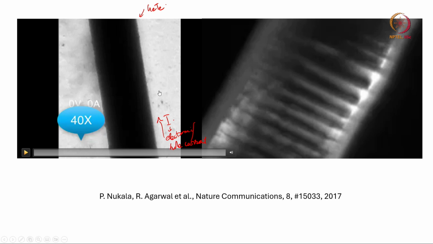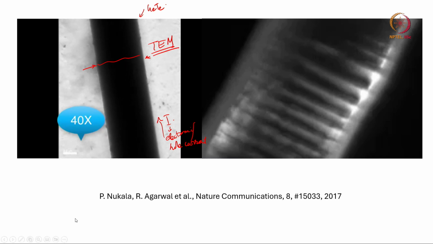The value of current is here, this video is sped up 40x, and this is acquired in what is called a transmission electron microscope, a TEM. So while I am sending in current, I am just imaging the nanowire to see what happens. This is the nanowire, it looks dark, it is quite thick. Let us see what happens to this nanowire as I start increasing the current.